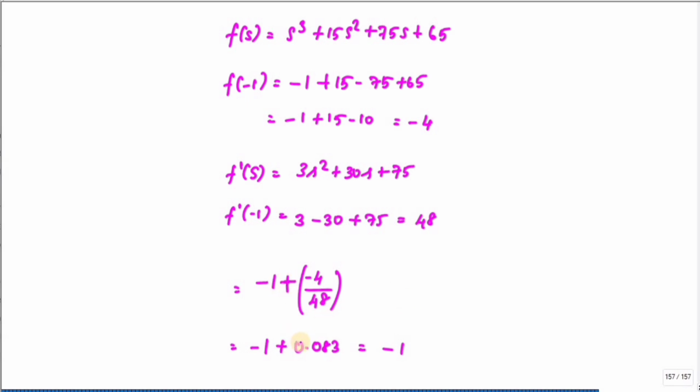Sorry, it is minus 1 minus 4 divided by 48, so minus 1 minus 0.083 is minus 1.083. Okay, so this I can approximate to minus 1.1.